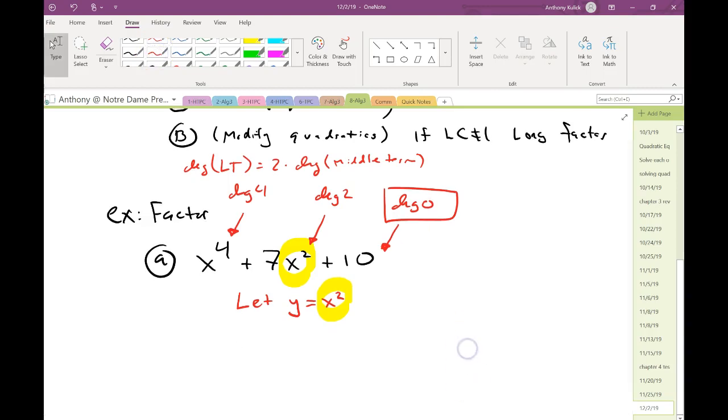So if I make that substitution, then x to the fourth is the same thing as y squared, right? x to the fourth is x squared squared. So it would be the same as y squared. And then I just have plus 7y plus 10. This is quadratic now, correct? How would I factor this?